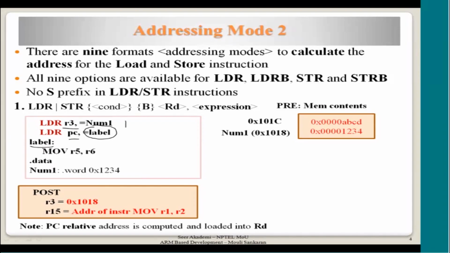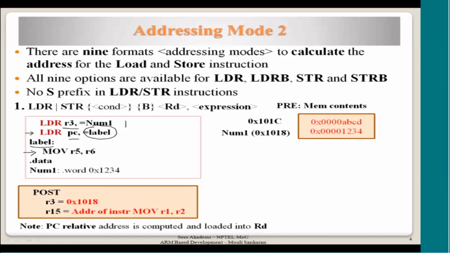That can be done by a label followed by a colon. What will happen is that the address at which the instruction followed by the label is located is what the label actually means. So when you load this into the PC, it jumps to this. After executing this instruction, it will just start executing from here.